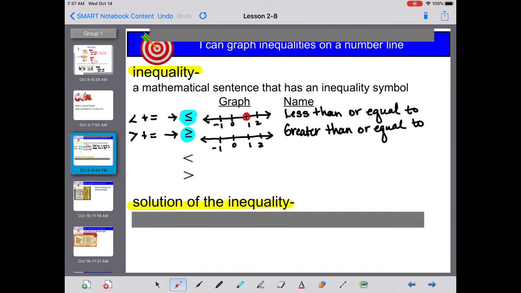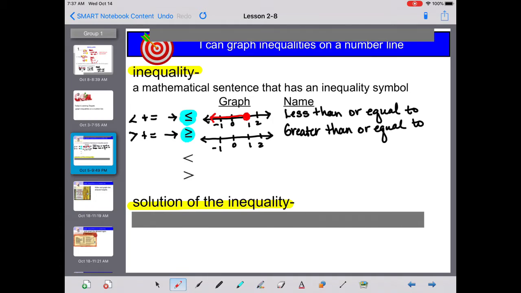Well, you fill in the circle if it has the equal to. So I'm going to fill that in, because 1 is less than or equal to 1. Then I show with an arrow the direction where all numbers less than or equal to the given number are located. So the numbers that are less than or equal to 1 are located to the left.